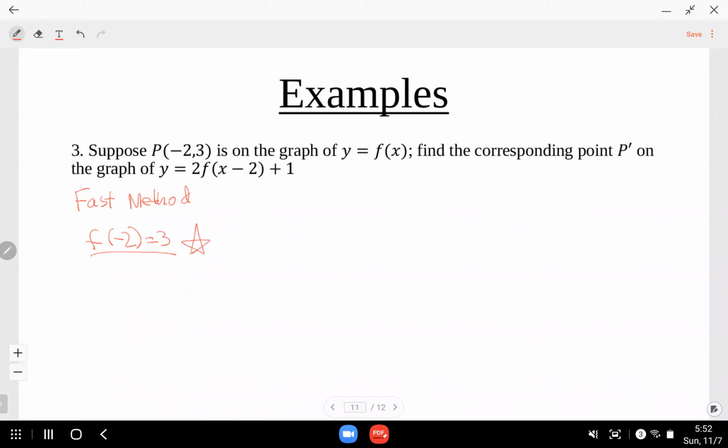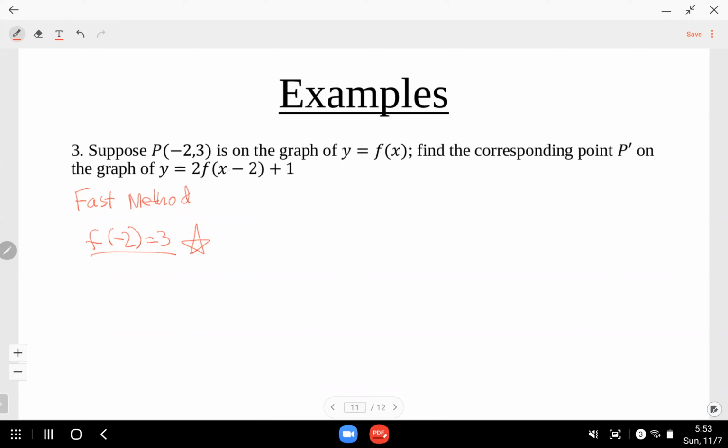All right, so since f of x is, okay, that's going to be equal to 2 times f of x minus 2, plus 1, then we can do this.